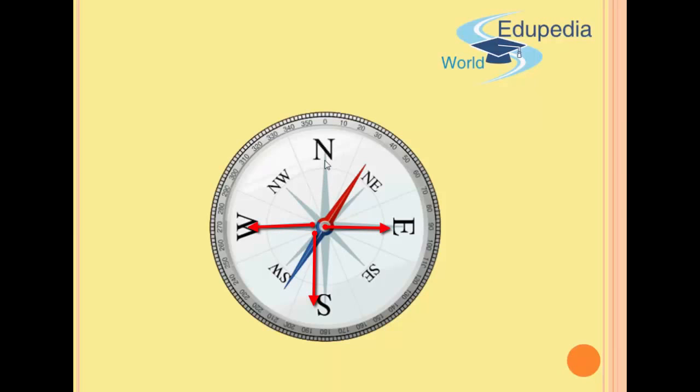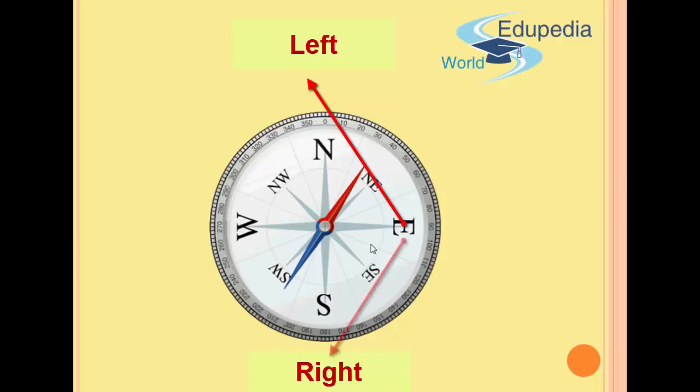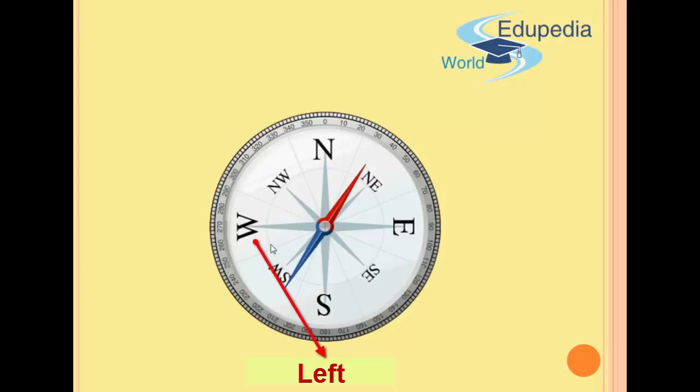So we see that by changing the direction in which we are facing by 180 degrees, we have changed left and right. Similarly, when we are walking towards the east, left is towards the top and right is towards the bottom. And when we are walking towards the west, left is towards the bottom and right is towards the top.